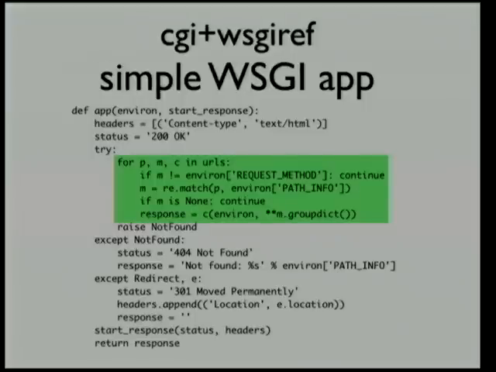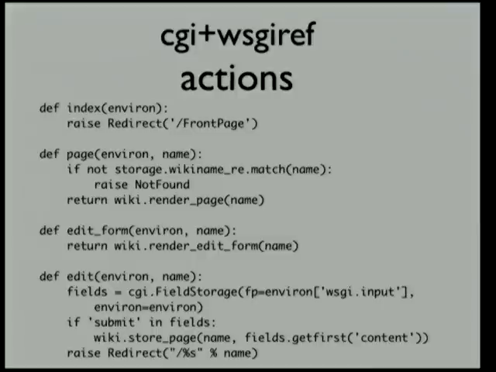The actual application itself is pretty simple. Hitting no URL, we redirect to front page. Rendering a page is straightforward. If it's not a wiki name, then we raise not found. Otherwise, we return the page rendered, the edit form rendered, or handle the edit.